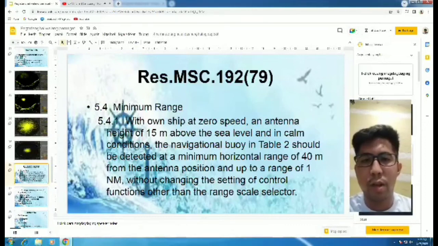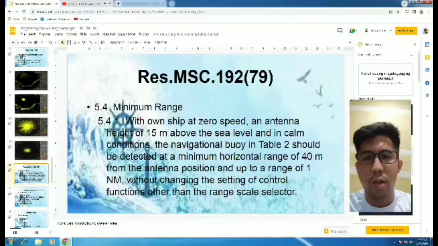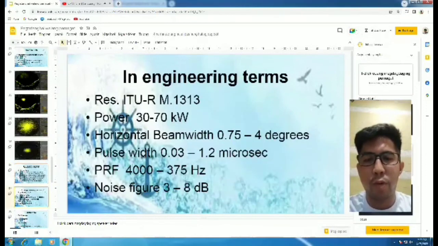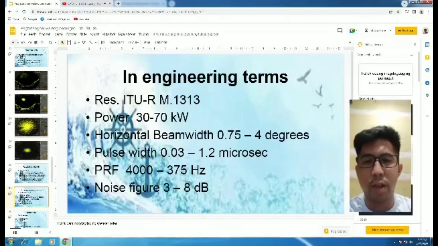Engineering terms, Recommendation ITU-R M.1313. Power 30 to 70 kilowatts. Horizontal beam width 0.75 to 4 degrees. Pulse width 0.03 to 1.2 microseconds. PRF 375 to 4,000 Hz.